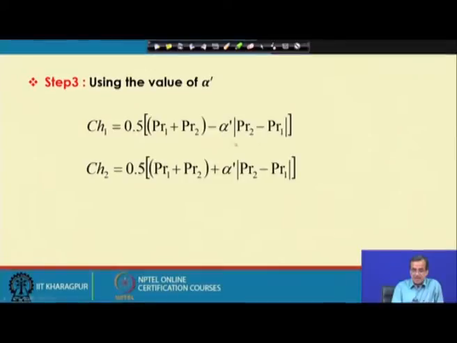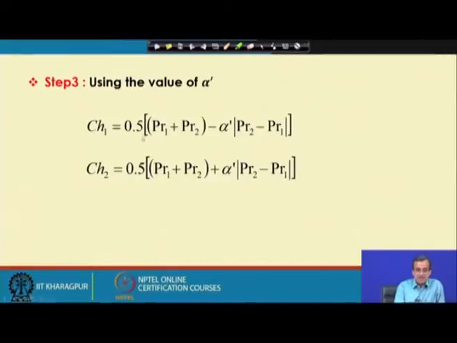So, 50% of that amount we subtract to get child 1, and we add to get child 2.